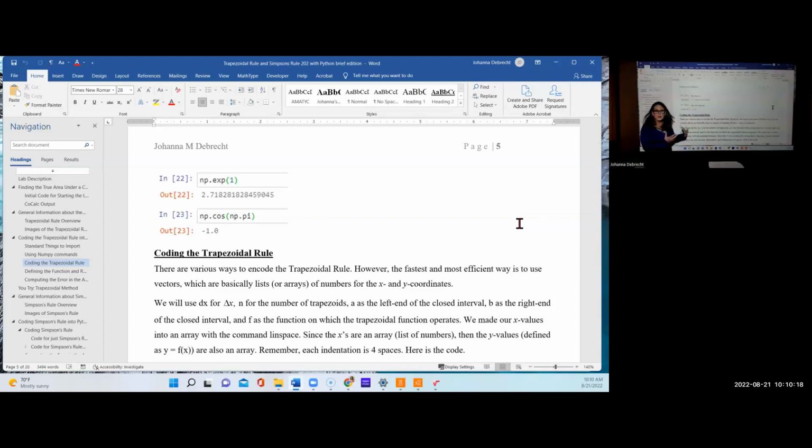So when you're looking at it, I have np.cos parentheses np.pi. So pi itself is represented by a command in the NumPy library. And I know that the cosine of pi is supposed to be -1, and indeed it does return that value. So this lets me know that it did call up the library for NumPy.